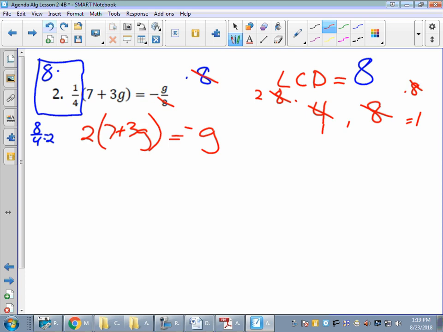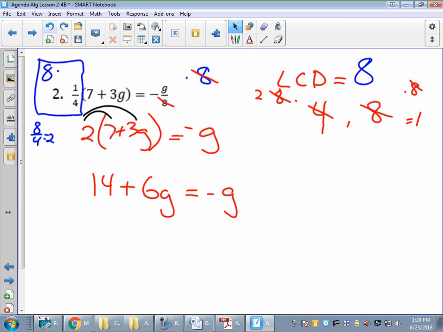So the next step now is we can distribute, so 2 times 7 and 2 times 3g. So 2 times 7 is going to give us a 14. 2 times 3g is going to be 6g. And over on the right, we haven't done anything with it, so negative g. Okay? I'm going to keep consistent with what we've been doing as far as getting the variables on the left and the numbers on the right.